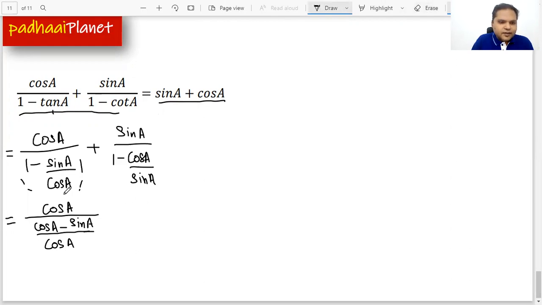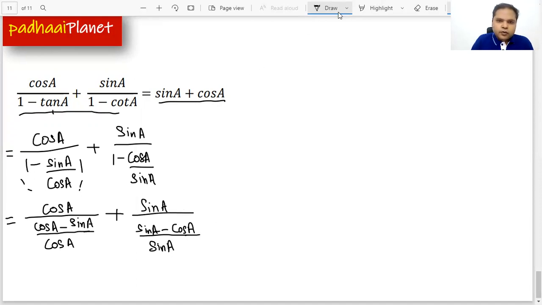Then we have plus, and then obviously we have sine A, and here also we can take the common denominator as sine A, and what we get is sine A minus cos A. So this is what we get.